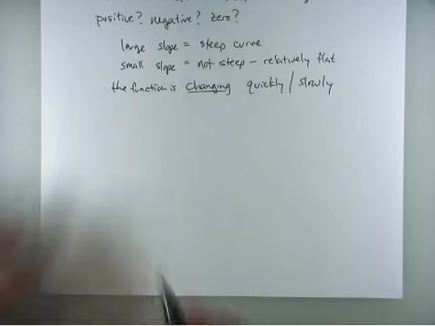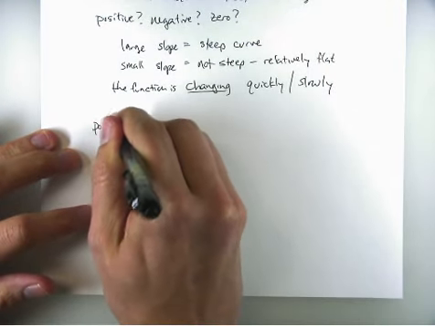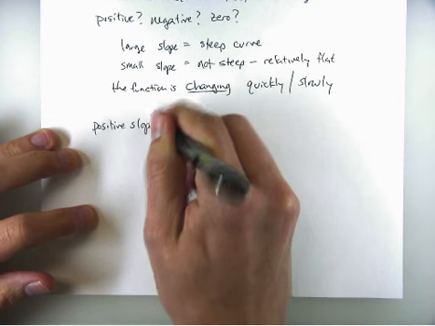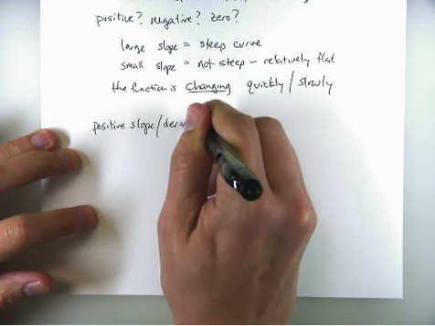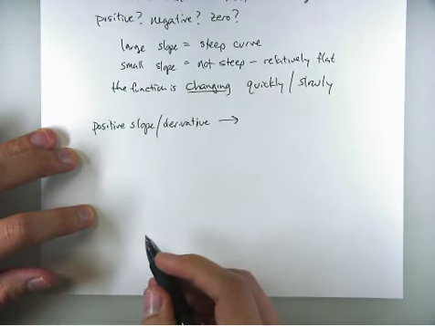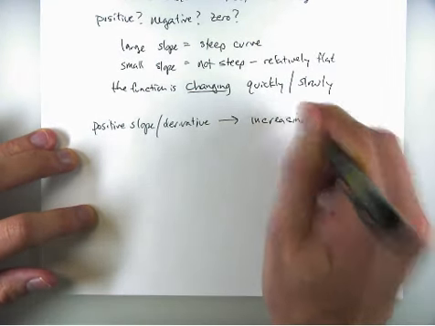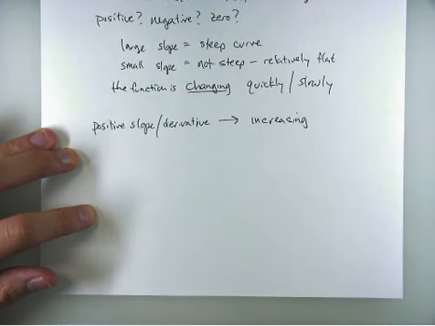Right. So positive slope slash derivative, that means that we are increasing. And the bigger that number is, the faster it's increasing.